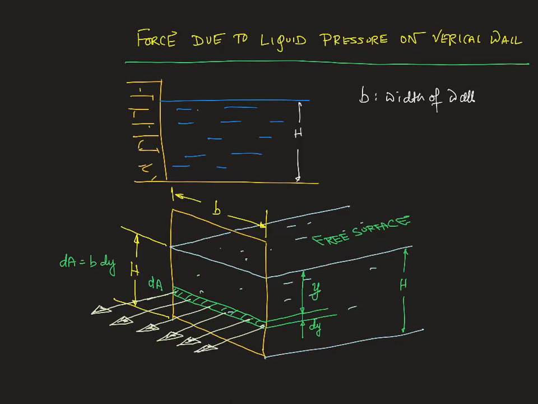That's it, right? So this force is dF actually. So dF is the force on the area dA. What is dF equal to? See, dF is equal to rho gy, pressure, times dA. So what is the net force F?